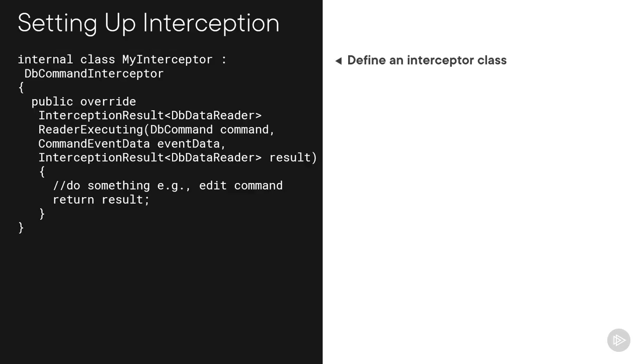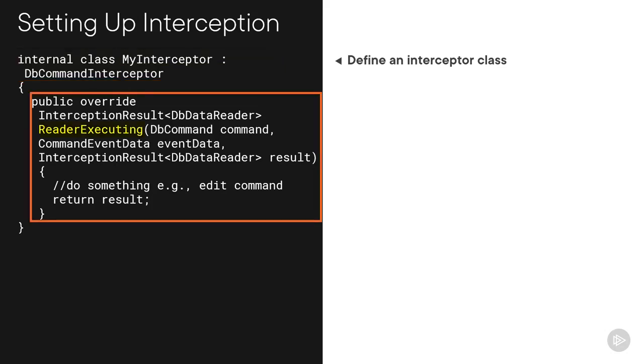To use an interceptor, you first need to define an interceptor class, which inherits from one of those base interceptor classes. Then you implement the logic within any of those events that are exposed. Here's a class I've ingeniously named myInterceptor, which inherits from the DB command interceptor.